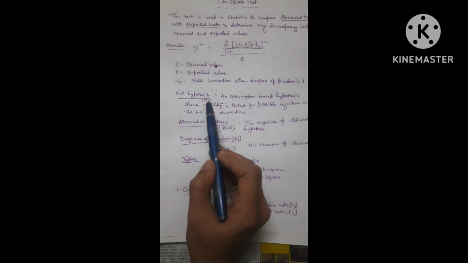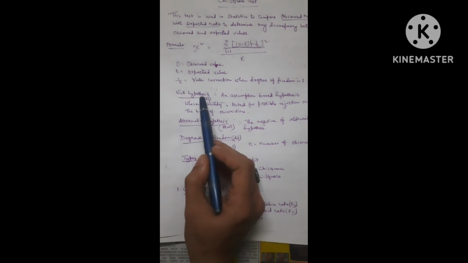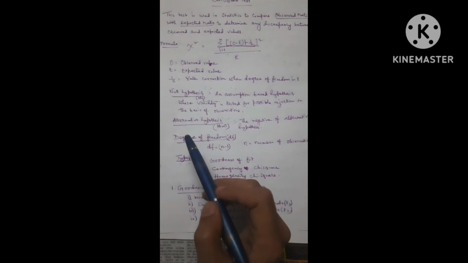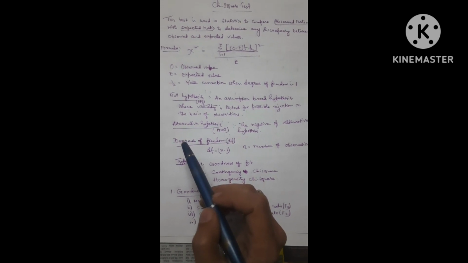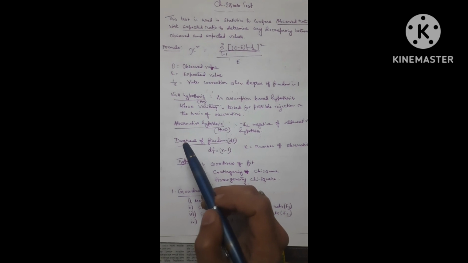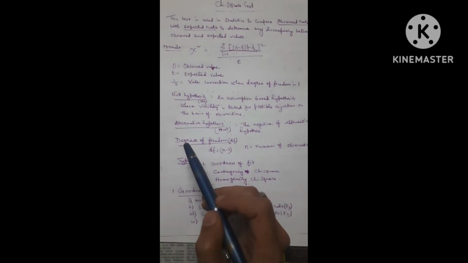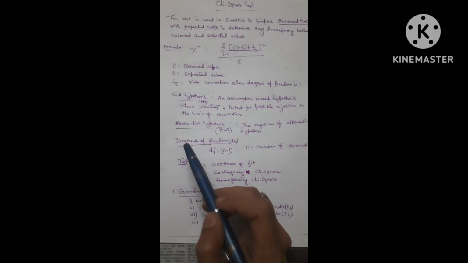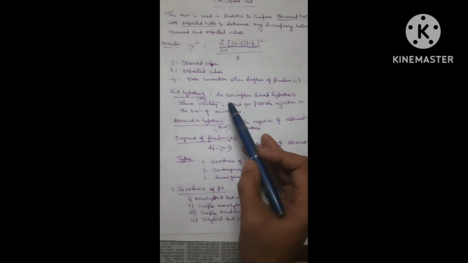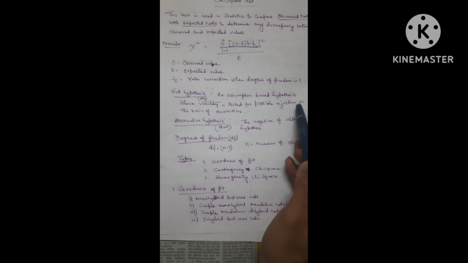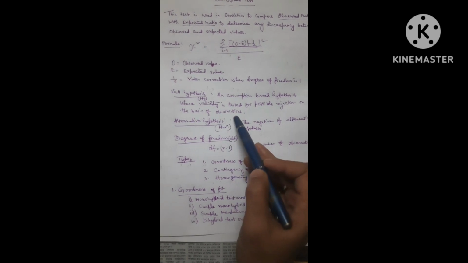H0, the null hypothesis. Before doing any experiment, an assumption is made as a hypothesis that this experiment may happen in this way or that way, whose validity is tested for a possible rejection on the basis of observations.